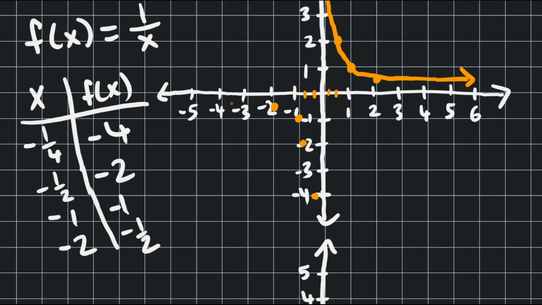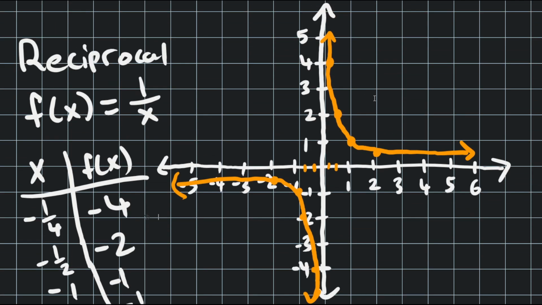And this follows the same sort of shape as the positive side, just reflected. So there we go. These two curvy lines right here represent f of x equals 1 over x. And that is a reciprocal function.